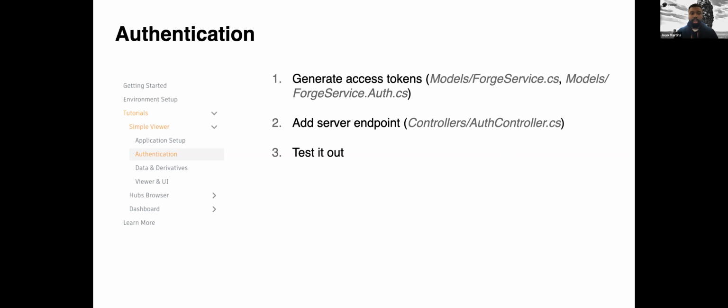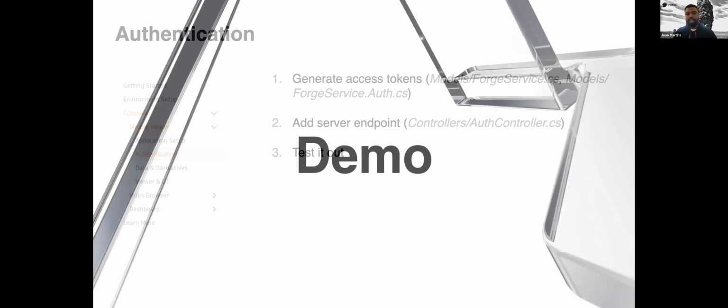The client side will reach an endpoint on our controller, and this controller will use a method from the Forge service class to reach the Forge APIs, the Forge services. All right. Controllers handle the interaction with the end user, and the models will handle the logic in our application. Enough talking, let's go build it.